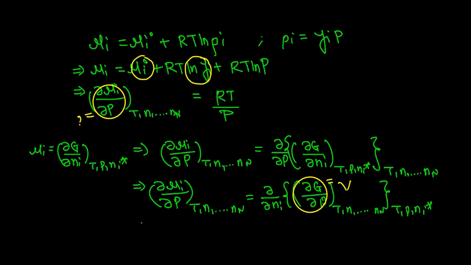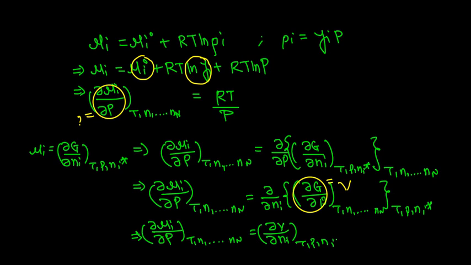So this simply becomes del V by del Ni at constant T, P, and N j star, and this is nothing but the partial molar volume. Therefore this quantity is equal to the partial molar volume, by which you will get P Vi bar equals RT.